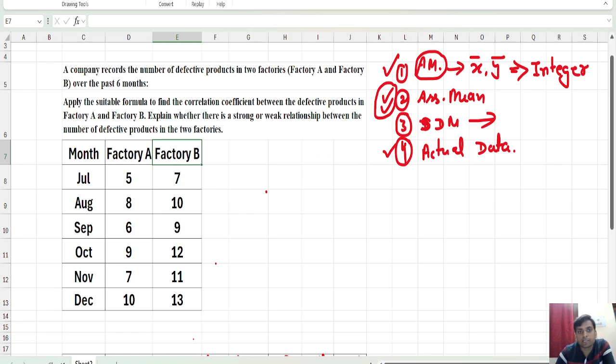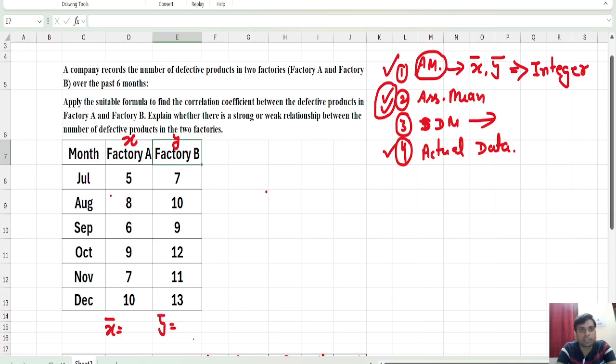So first task is we will find the arithmetic mean for the x column and y column. Factory A is considered as x, factory B is considered as y. So first we will find x bar, and second we will find y bar.